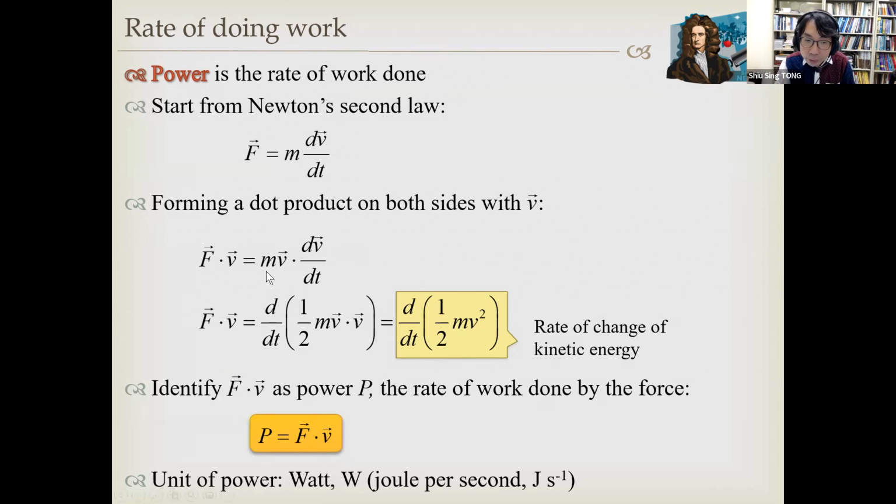And from this equation, if the power is very large, that involves a large force or a large velocity. So in the explosion, the pieces scatter with a large force and a large velocity. And that causes destruction of the room. So that is the difference between power and energy.